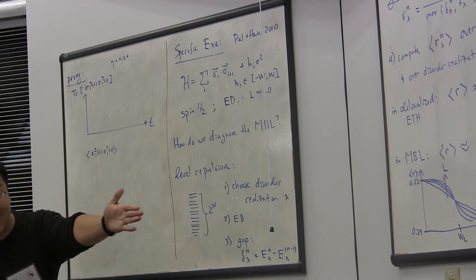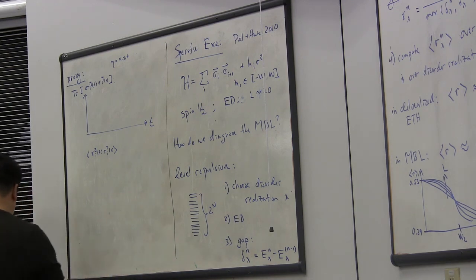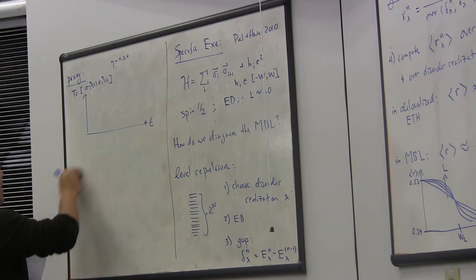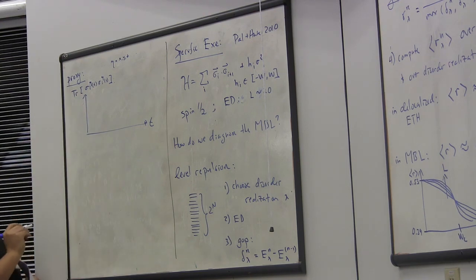Exactly the question, how good does this degree of freedom behave as a memory of its initial condition? And the fact that I'm tracing over this is basically the statement that I'm taking the expectation value over an infinite temperature state.